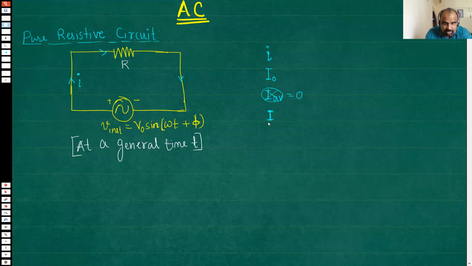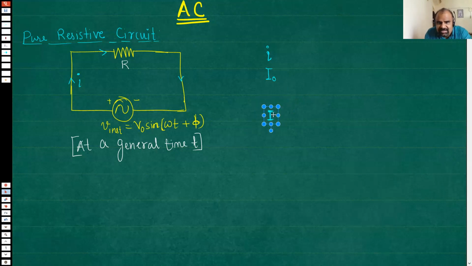Yesterday, I showed you that the average value of the current is always 0 in AC, because it's a sine function, and for half of the time period the sine function is positive. For the other half, the sine function is negative. So when you calculate the average value, it will always be 0. That is why this is the most worthless quantity, and it is so useless that we don't even write it.